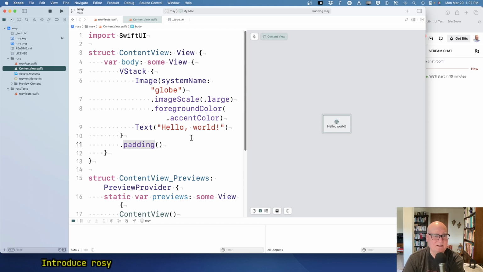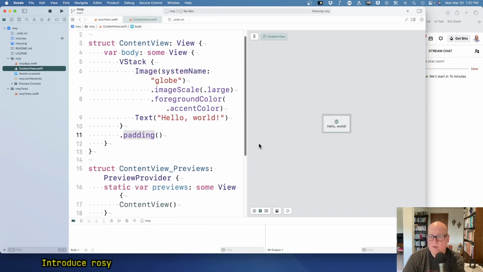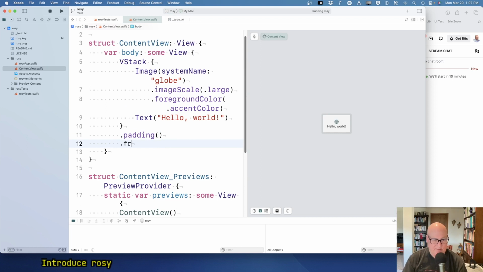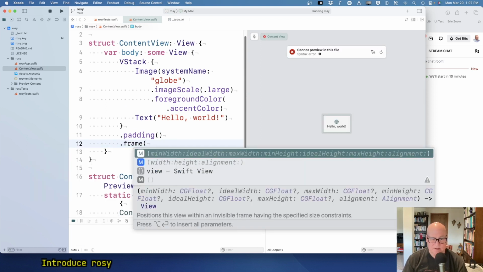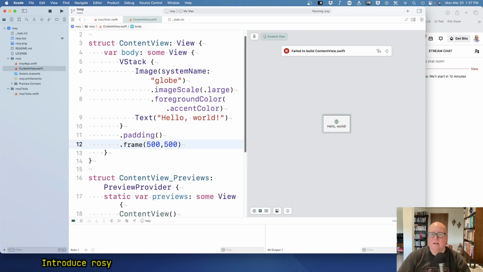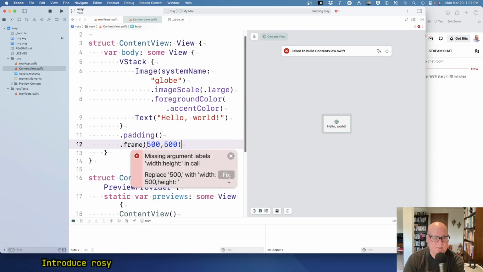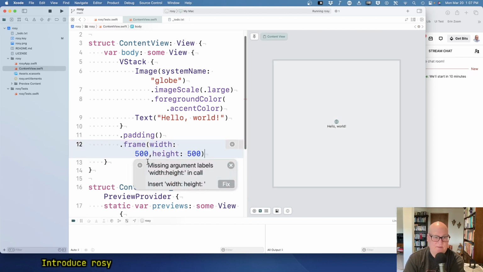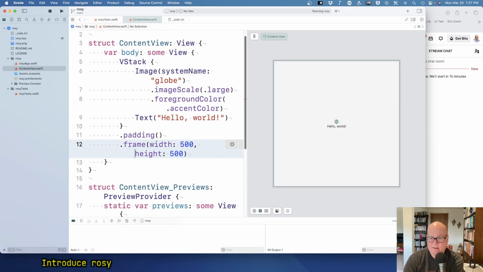All right, so ContentView. Well, one thing I know I want is to put this thing in a frame of some size. So let's do 500 by 500 width and height. That'll define a bigger square for us to work in.